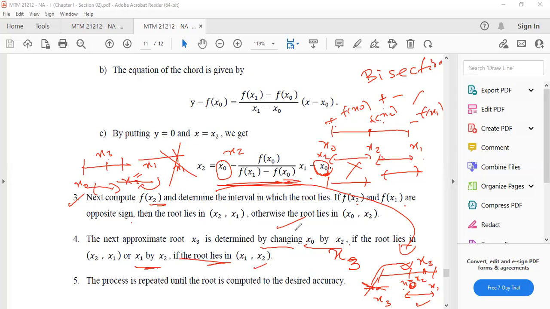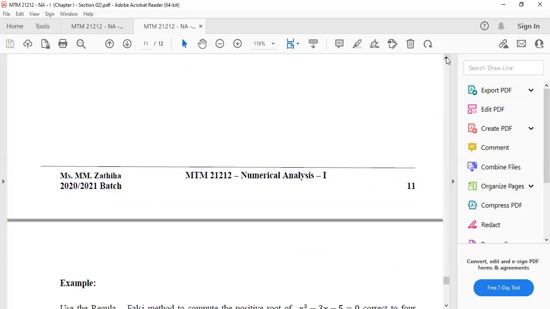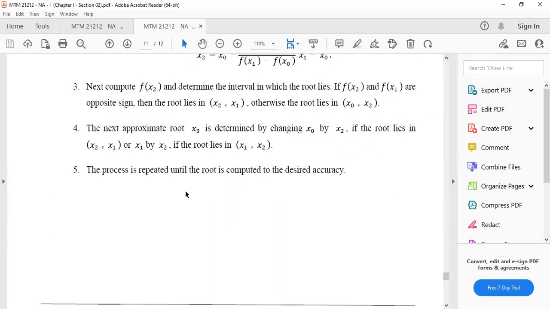Okay, so we have to continue until when? Likewise, in our other method, you have to continue until the root is computed to the desired accuracy. For example, they may say to find it within an error of 0.0001. So you have to take x3 minus x2, which should obey this.